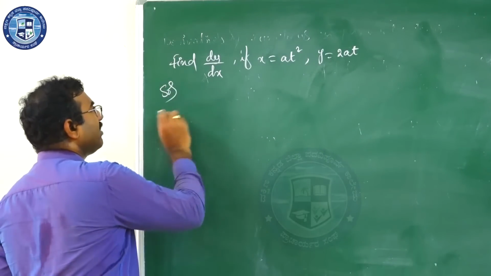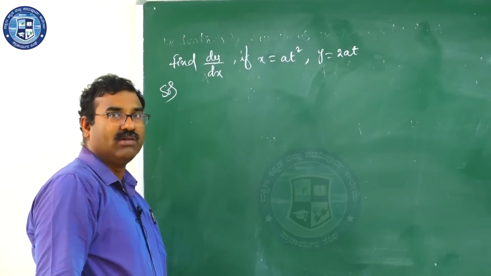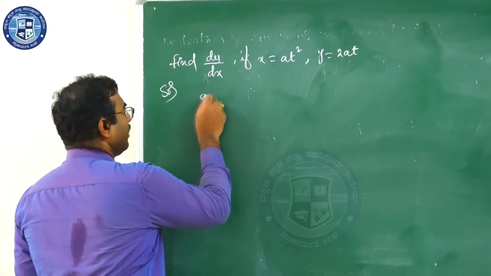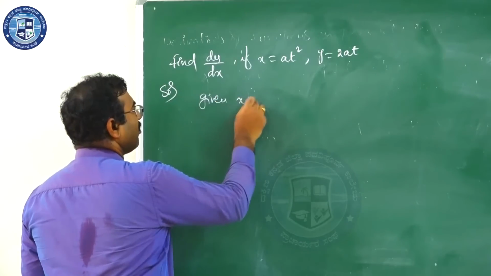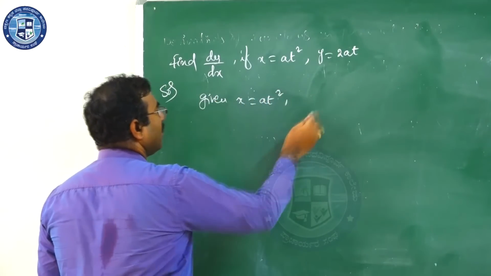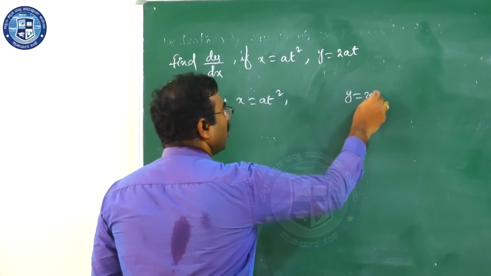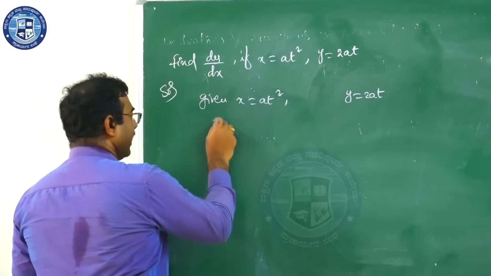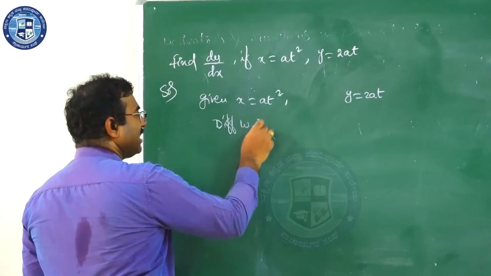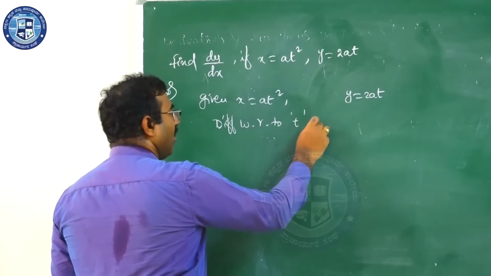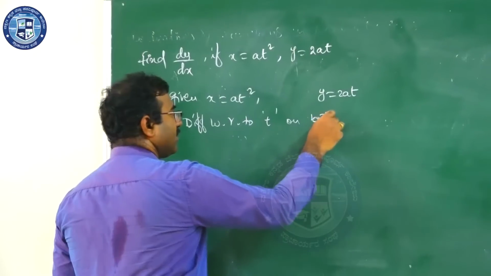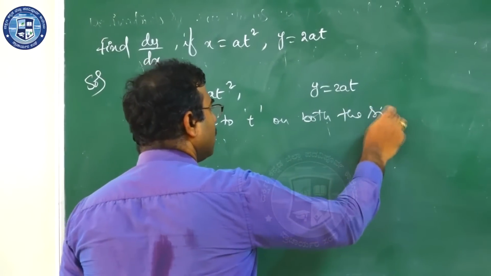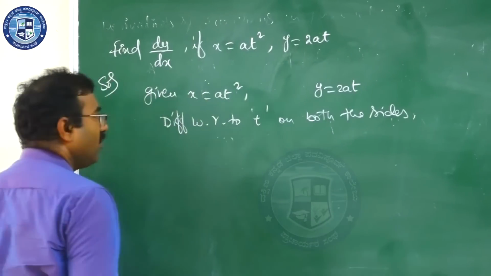That means you need to differentiate with respect to t now. So given x is equal to at square, y is equal to 2at, differentiate with respect to t on both the sides. So what do you get?